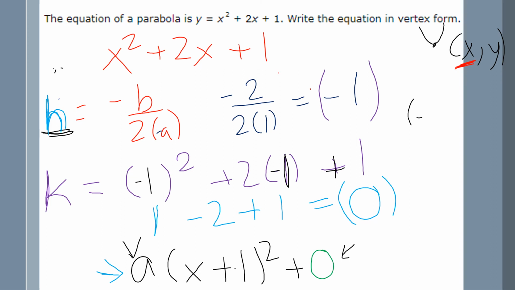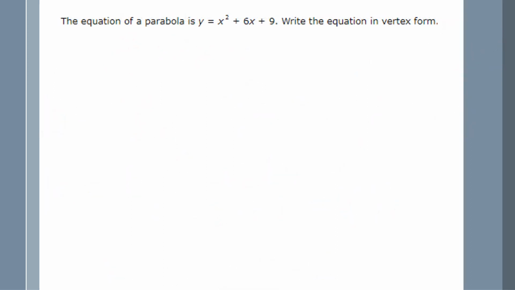You would say negative 1, 0. And you know this because inside the parentheses, when it's positive, it moves to the left, which makes it negative. And you could try this with decimals. All right, so we did that. You guys figured that part out on your own.